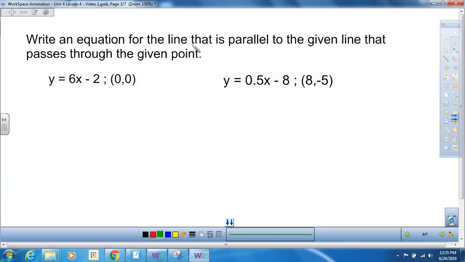All right, so I want to write an equation of a line that is parallel to this given line and goes through the given point. It doesn't tell me the form, so I want to write it in slope-intercept form. For my given line, the only thing I care about is the slope. So this first one, my given slope is 6.